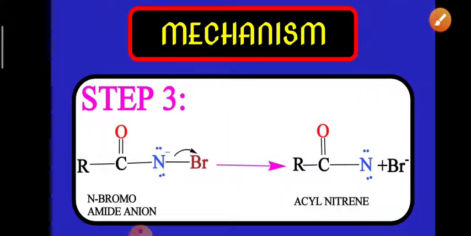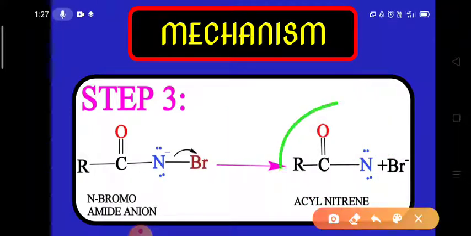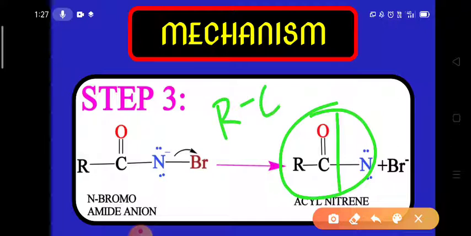This neutral electron deficient species of nitrogen is called the nitrene, and as it is attached to the acyl group, the RCO group, we call this electrophile the acyl nitrene. So this is the third step.